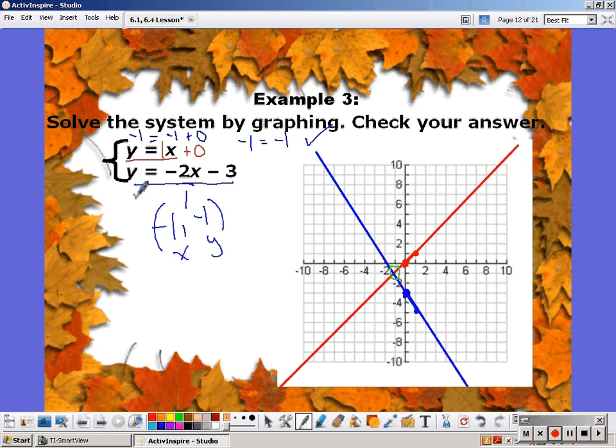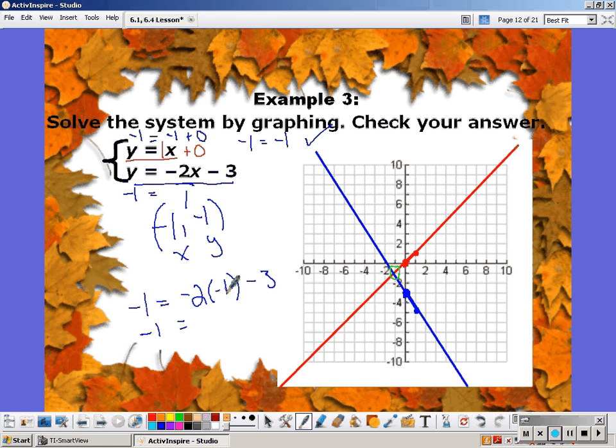Plug in negative 1 here for y. So it's y equals negative 2x minus 3. So instead of y, we put negative 1 equals negative 2, and instead of x, let's plug in negative 1, minus 3.